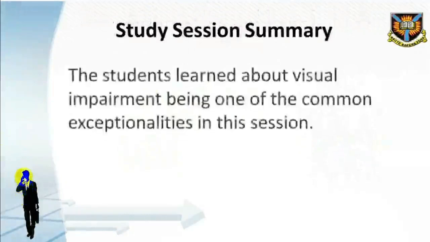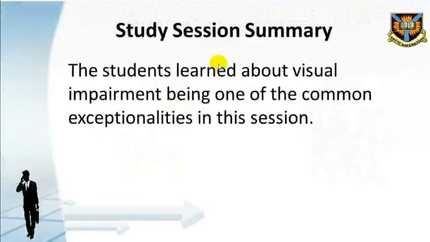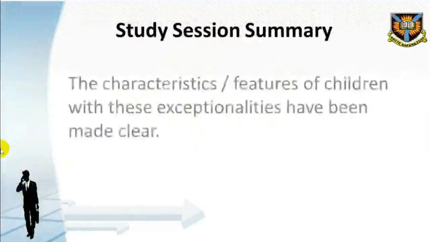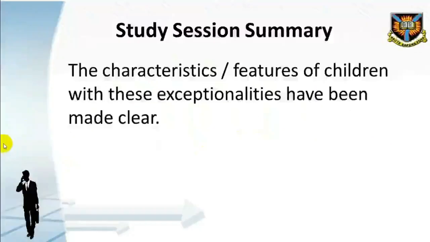Study session summary. In this study session, you learned that visual impairment, being one of the common exceptionalities, is not a hidden case among people with special needs. The characteristics or features of children with these exceptionalities have been made clear.